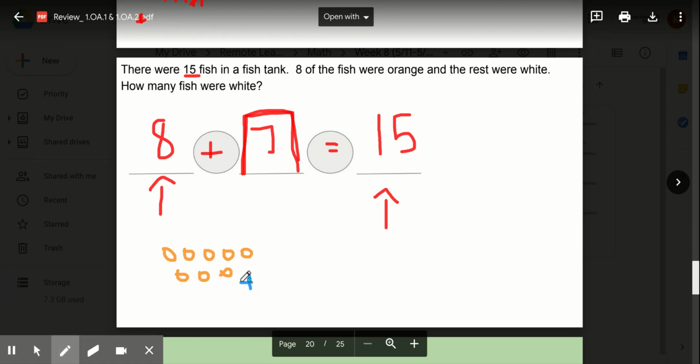And I'm going to add on to my 8 until I get to 15 total fish. So 8, 9, 10, 11, 12, 13, 14, 15. How many fish were white? 1, 2, 3, 4, 5, 6, 7. 7 of the fish were white.